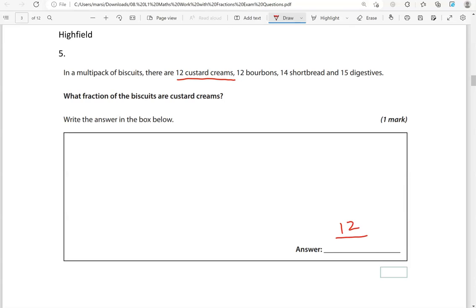That is out of 12 and 12 and 14 and 15, which is the total. So 2 and 2 is 4, and the 4 is 8, and the 5, that is 13. So 3 down, 1 carried over. 1, 2, 3, 4, 5, so that is 53. So 12 over 53.